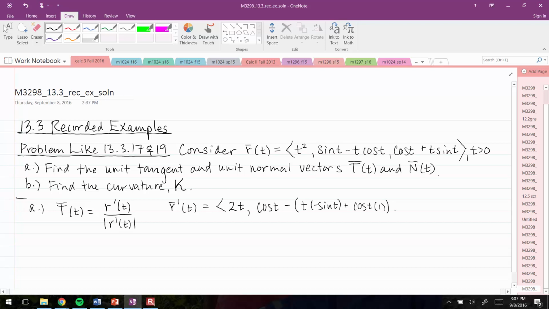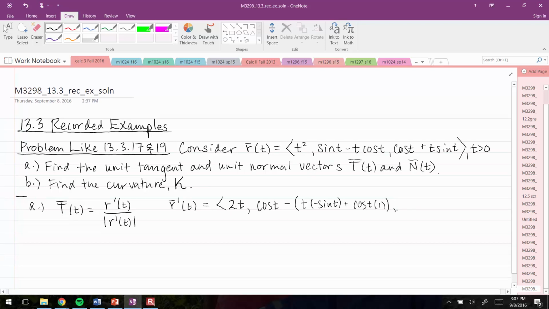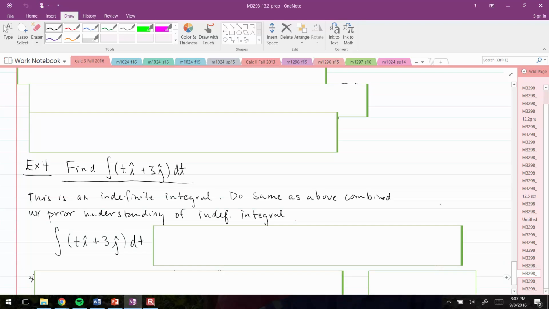So that's the product rule applied for that term of that component. Next thing, derivative of cosine t is negative sine t, and then we're running into another product rule situation, and so we just do that.